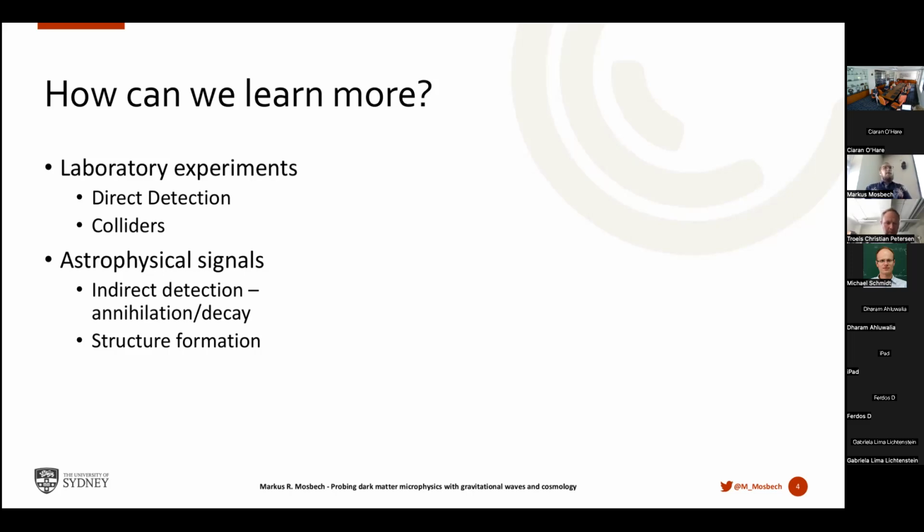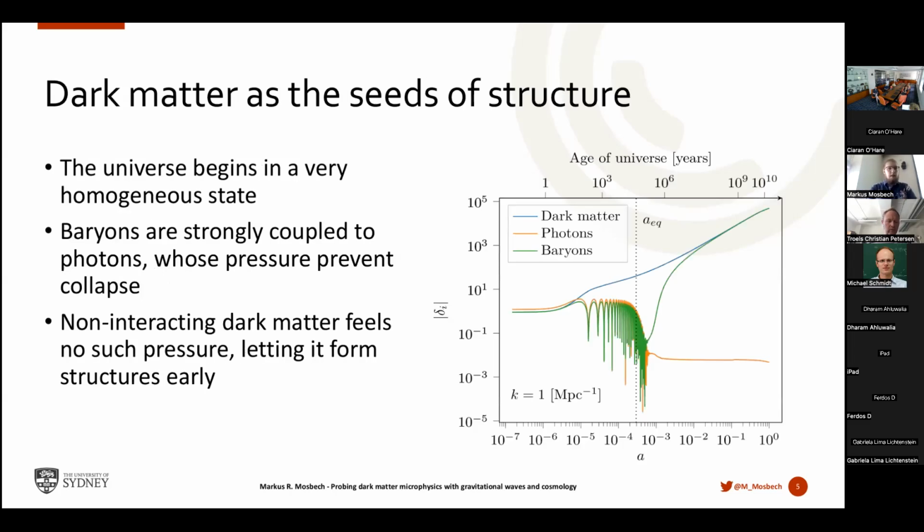We have seen some excesses above what we expect, but nothing conclusive that says, hey, this is annihilating or decaying dark matter. Finally, which is what I will be focusing on today, is structure formation. Different dark matter models predict different ways structure will form in the universe. By observing the structure, we can at least rule out some dark matter models that would cause different structure formation.